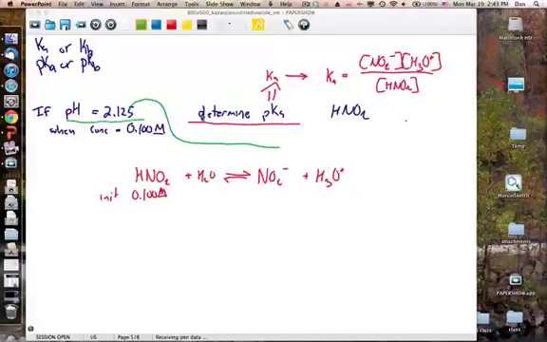That is related to the H3O plus concentration. 10 to the negative 2.125 will equal H3O plus, and so we can calculate this. The H3O plus concentration is equal to 7.498 times 10 to the negative third molar.